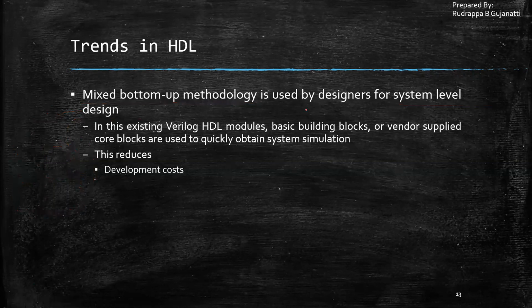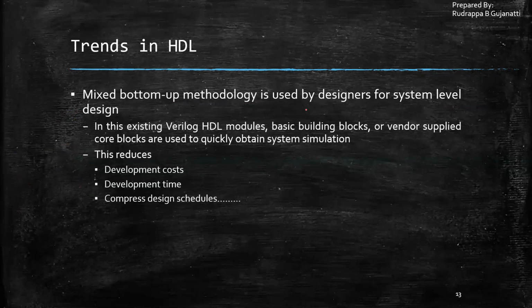Therefore, it reduces the development cost. It also reduces the development time, if I'm able to achieve this. Apart from this, we can compress the design and present it in a comprehensive way. A few other things you can also add over there, like how I can control the power consumption and how I can go ahead with other things.